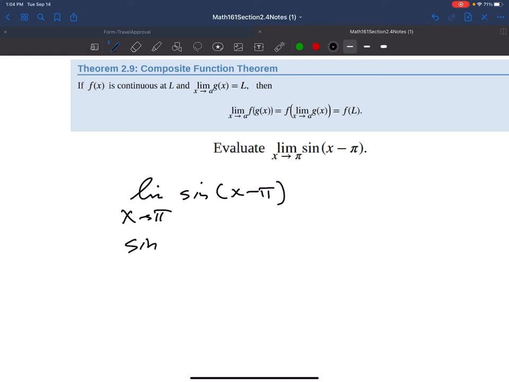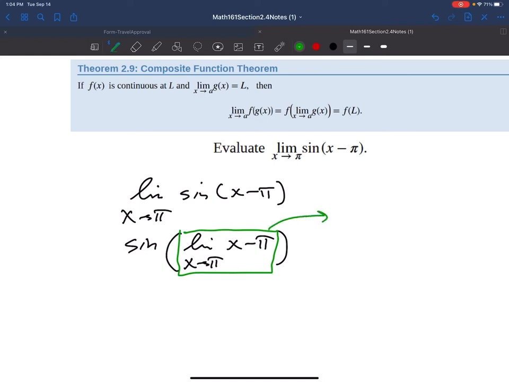I can do the sine of the limit as x approaches pi of x minus pi, and then I can just ignore the outer function for a second and evaluate this limit. Well, that limit I can do by direct substitution. If I put in pi for x, I get pi minus pi, which is 0. So I just get 0 inside. That limit is 0. So that means that this will just end up becoming sine of 0, which is 0.